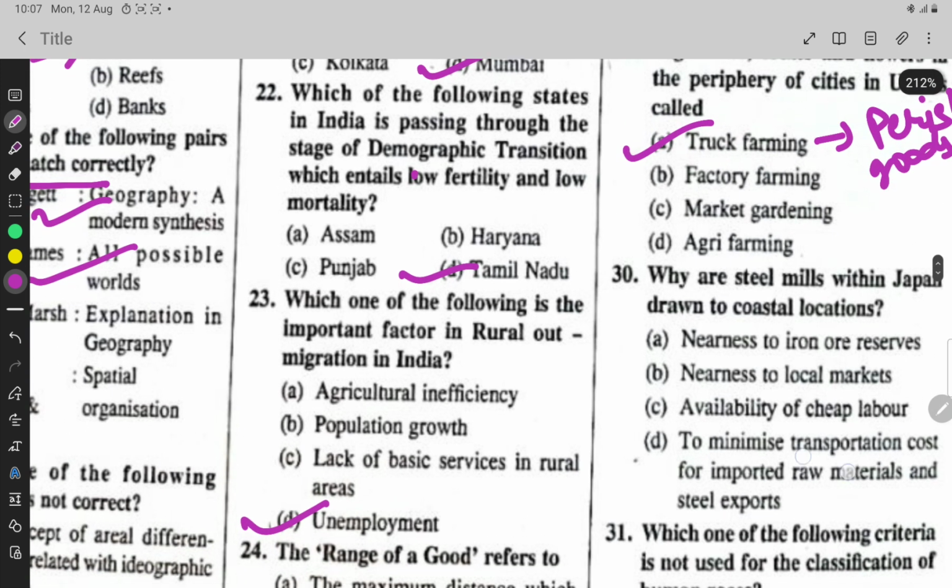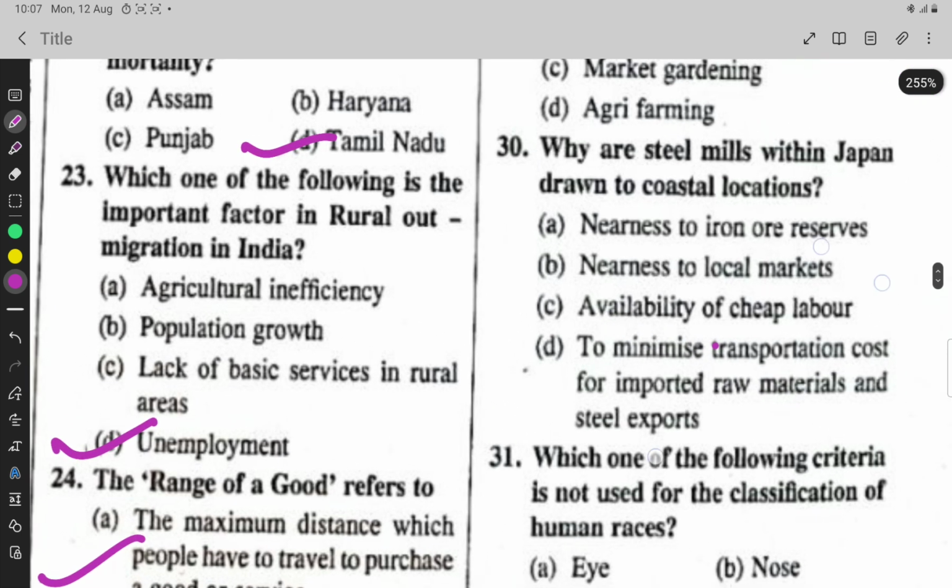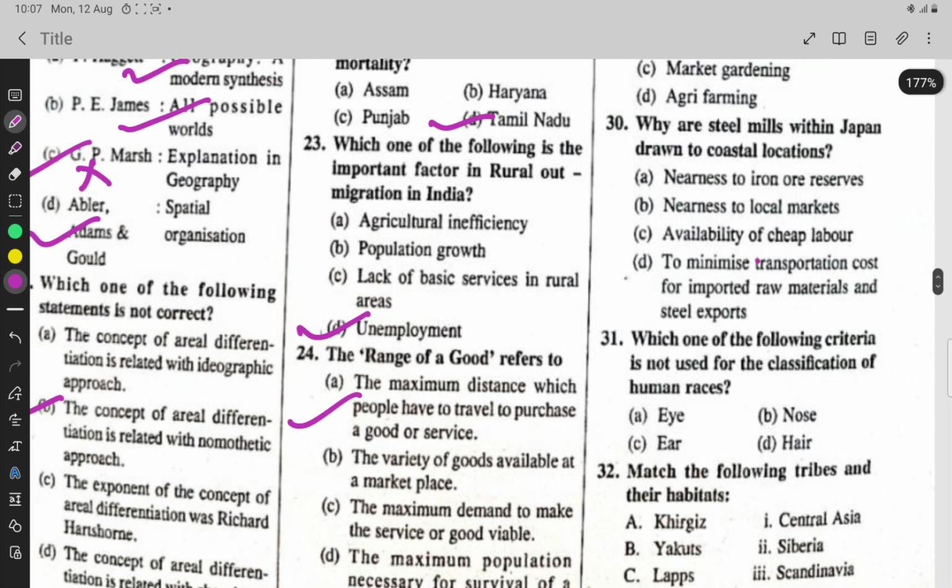Why are steel mills within Japan drawn to coastal locations? Nearness to iron ore reserves, nearness to local markets, availability of cheap labor, to minimize the transportation cost, and for imported raw materials and steel exports. This is the correct option here.